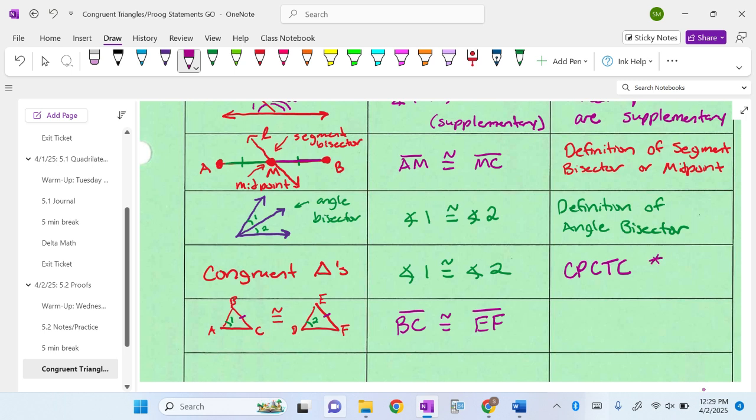And again, we can only use this after we show that we have congruent triangles. And just to recap, that stands for corresponding parts of congruent triangles. So in other words, the shorthand CPCTC.